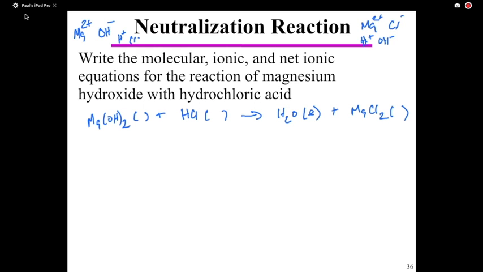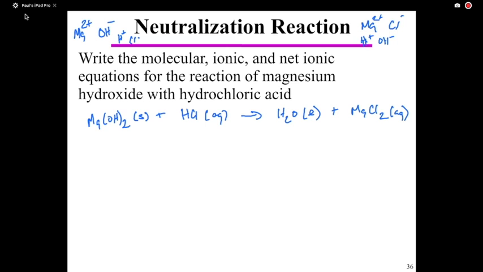Is this an alkali metal? Magnesium? Is it the ammonium ion? Is it calcium, strontium, and barium? Nope. So I label it what? S. It's a solid. Hydrochloric acid is AQ. And all chlorides are soluble except for what three? Do you remember? Silver, mercury, and lead. So this one is aqueous.